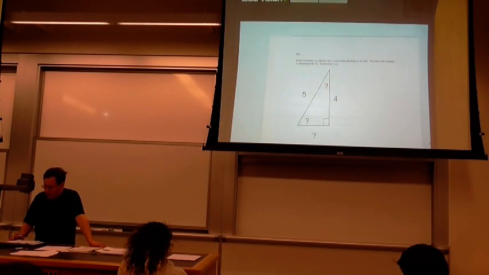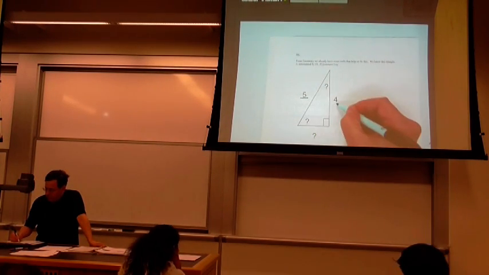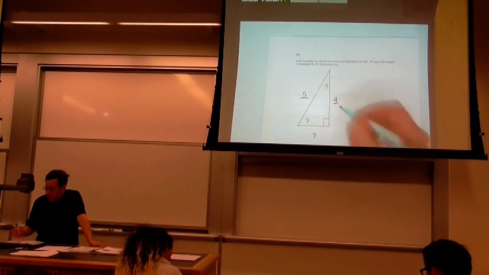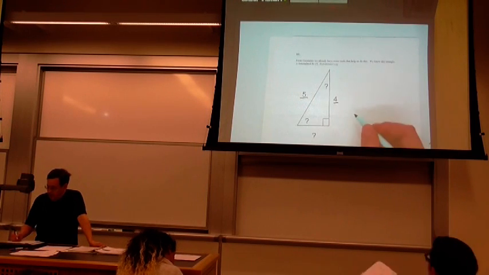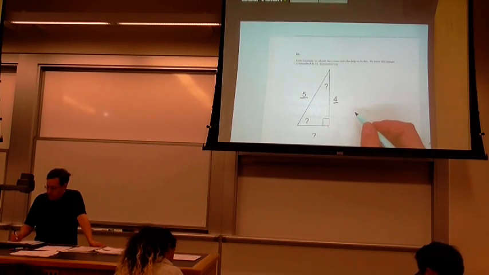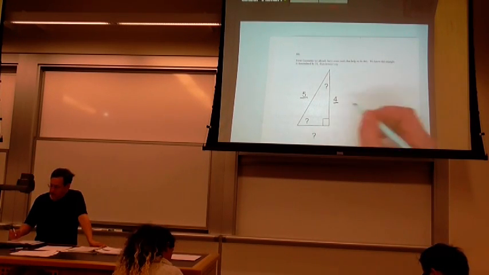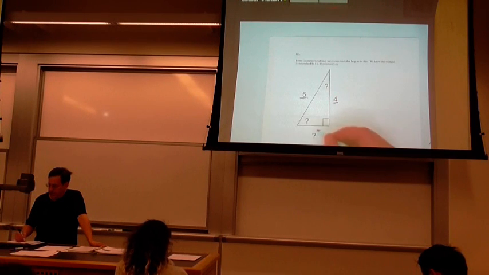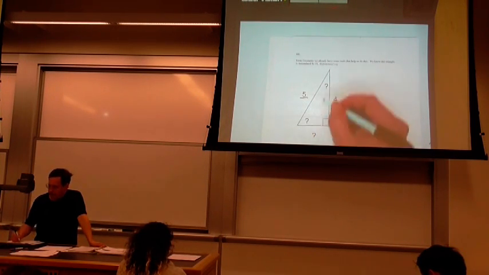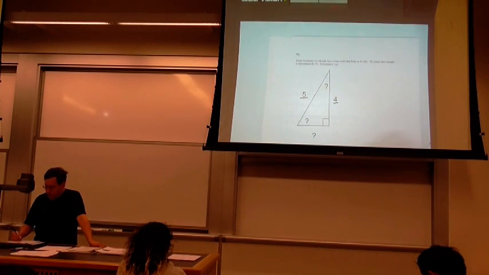I have a right triangle, and I know 2 sides. I know the hypotenuse and a leg. I'm missing 3 pieces. I'm missing the other leg, and I'm missing 2 angles.